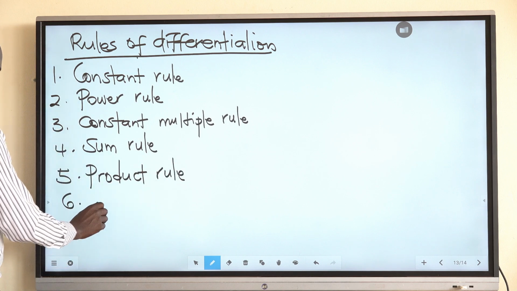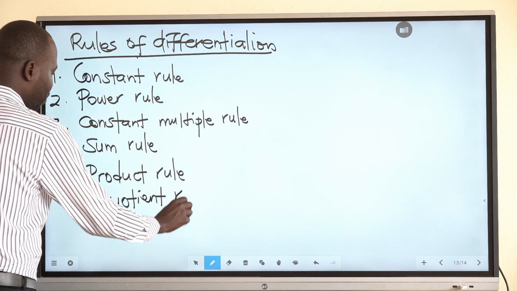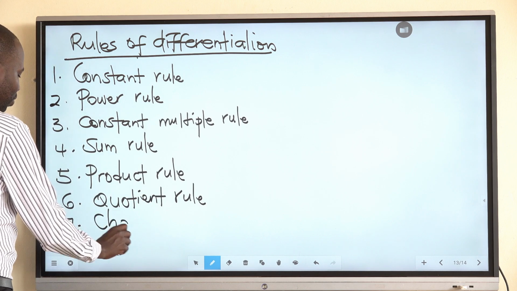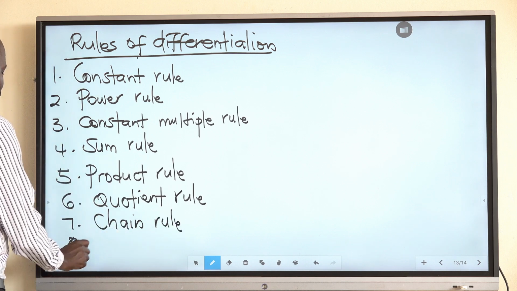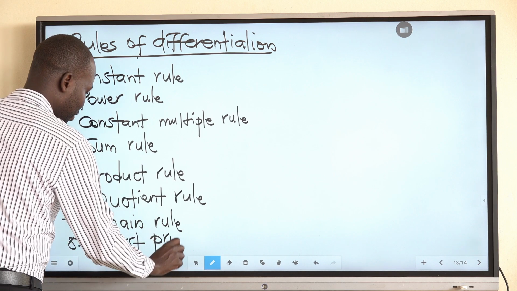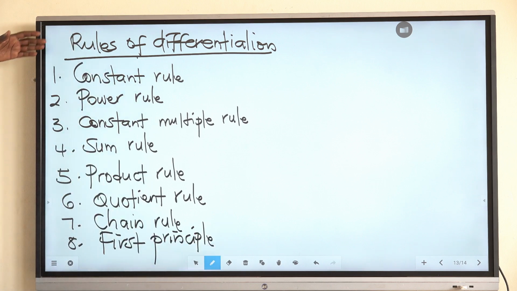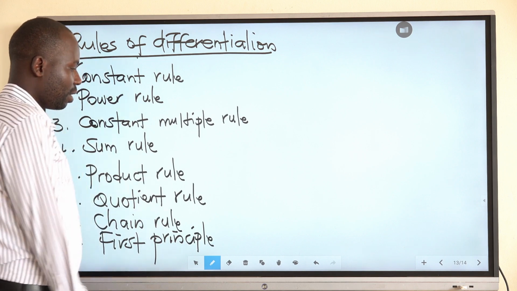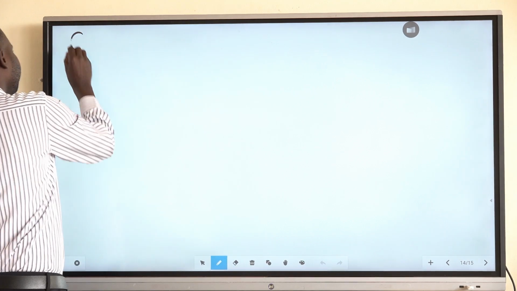We can also talk of the quotient rule. There is a chain rule. Then we also have the first principle. So in our differentiation, we shall look at all this one by one. First things first, let's go to the first rule, and that is the constant rule.